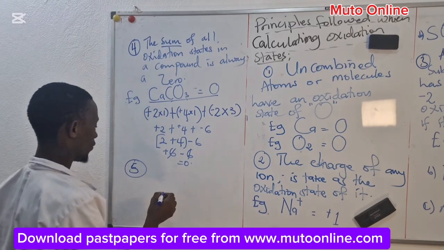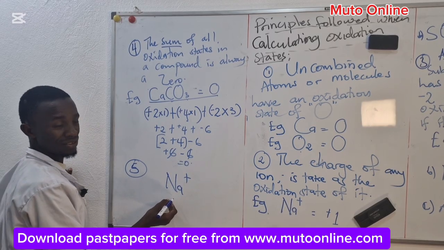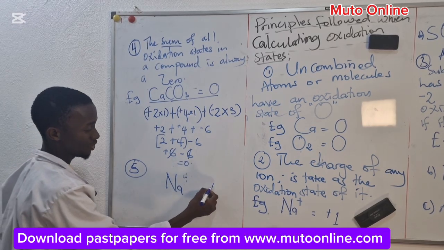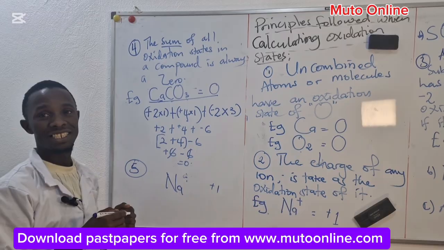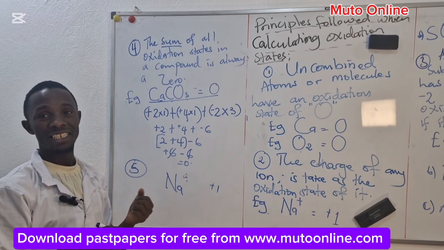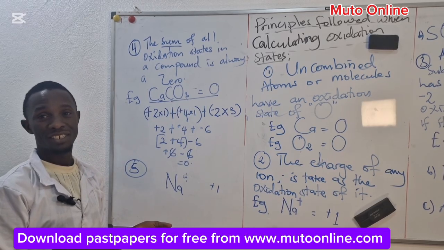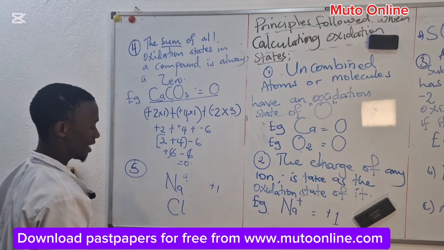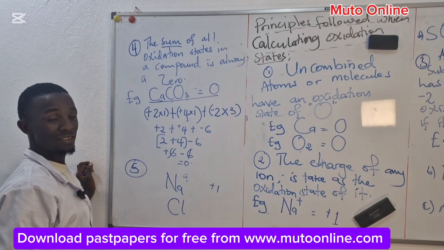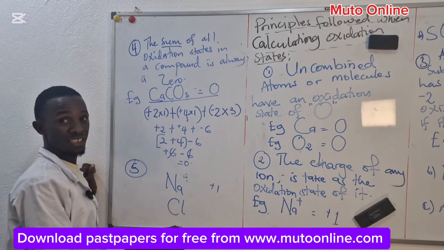For example, sodium needs to lose 1 electron. So its oxidation state is +1. The ones that lose are positively charged. The ones that gain have negative oxidation states. For example, chlorine, the chloride ions during bonding, need to gain electrons.